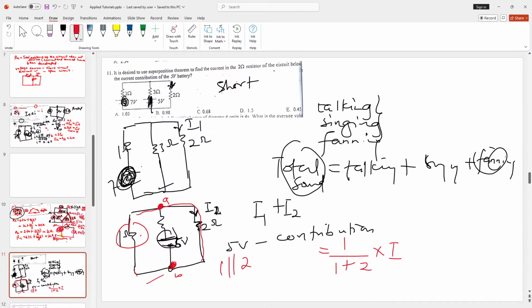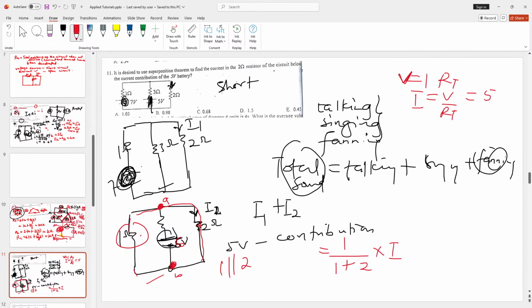Now we don't know the total current, but we know the total voltage. So we can find the total resistance, we know the total voltage, and we use I is equal to V over RT to find our total current, and after we come and put it here. So our V is what? 5. Now let's find the total or the equivalent resistance. This 2 here is connected in parallel with this one here.